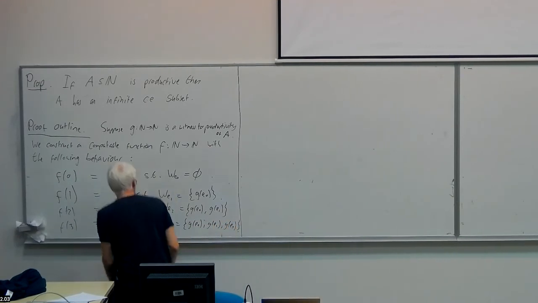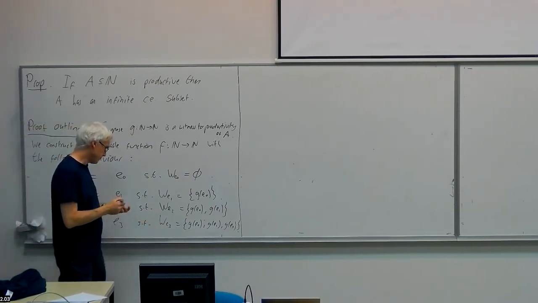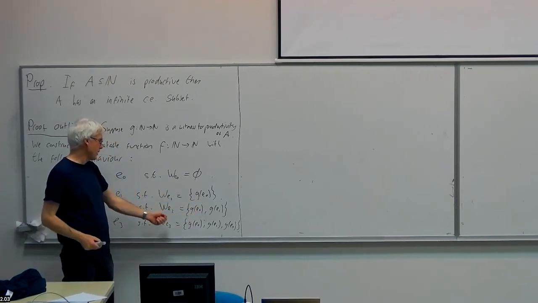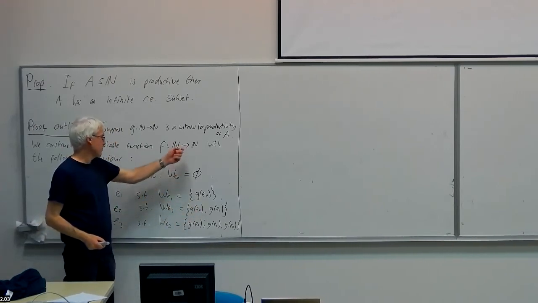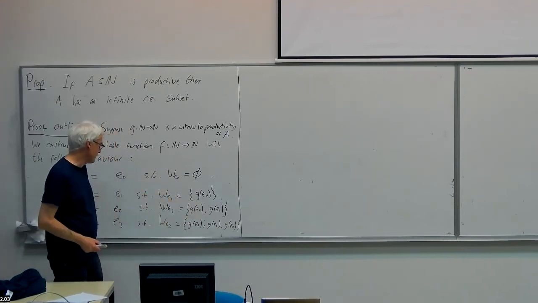And the point is that at each stage we find an index for the set that consists of all the previous elements together with what we obtained by applying g to the index for our set of previous elements.